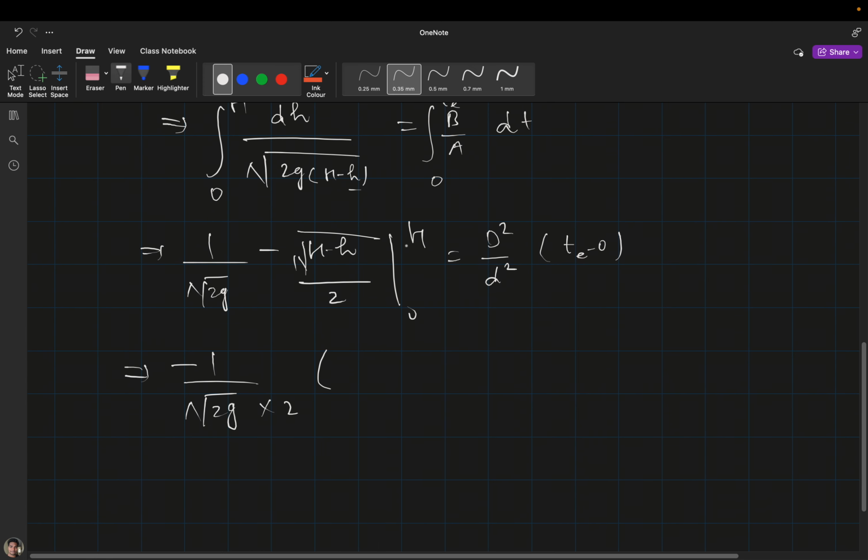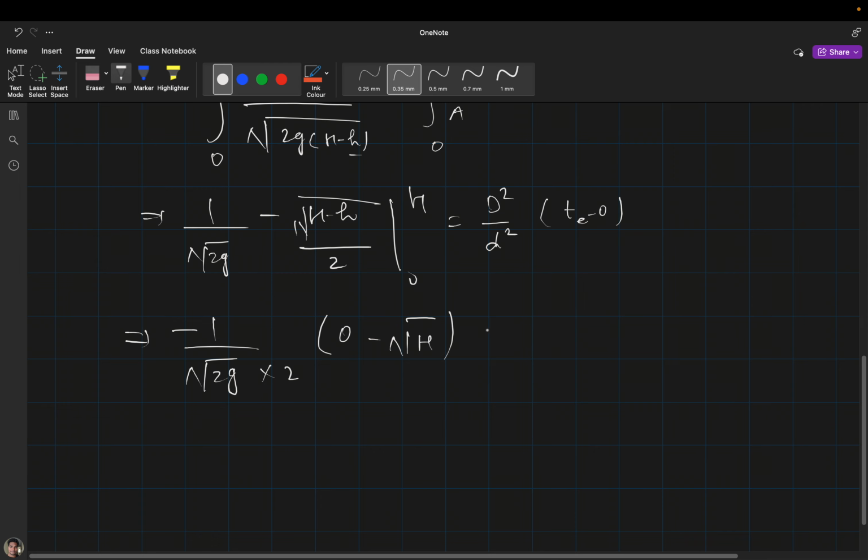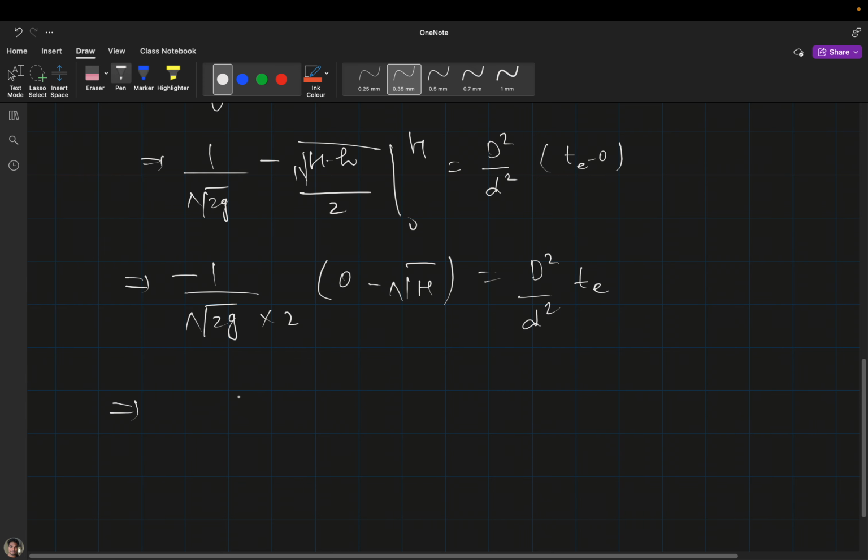Now when you integrate, finally it will be 0 minus capital H when you substitute the limit. So this will be D square by d square te. Now find te. So te will be D square by d square, 2g into 4, take outside here.